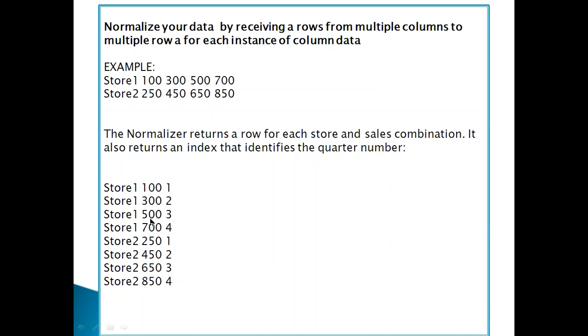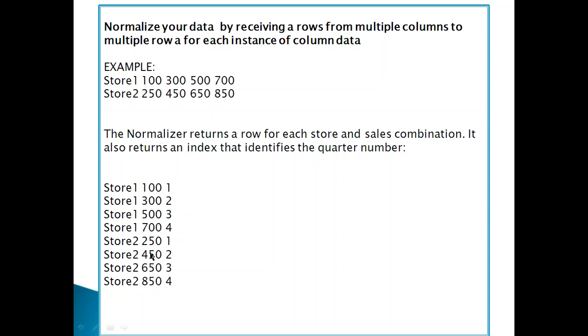What if I want to differentiate among the store 1 values only? Then I can differentiate with these index values 1, 2, 3, 4. Again for store 2 I get 1, 2, 3, 4. This is nothing but the number of occurrences.